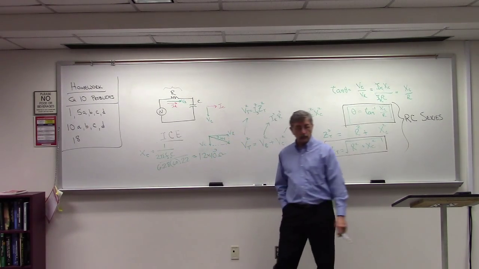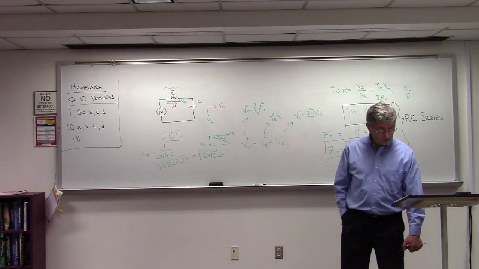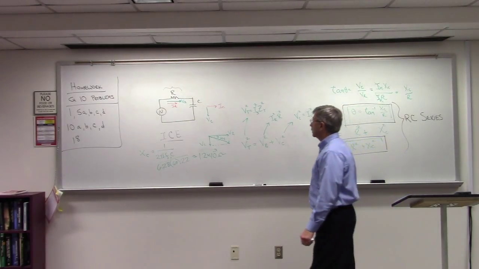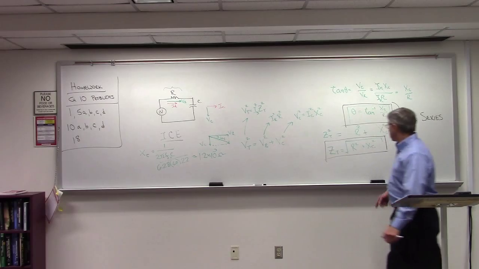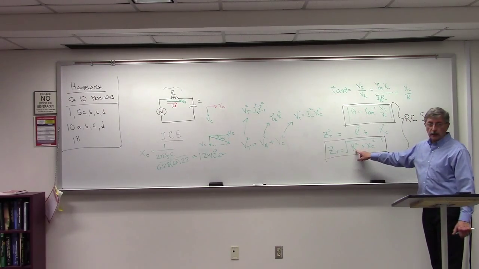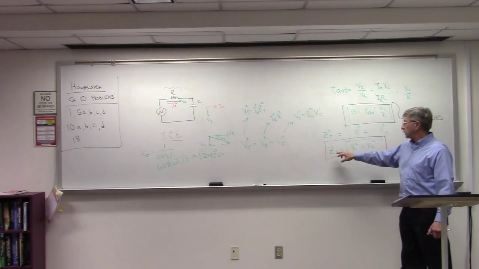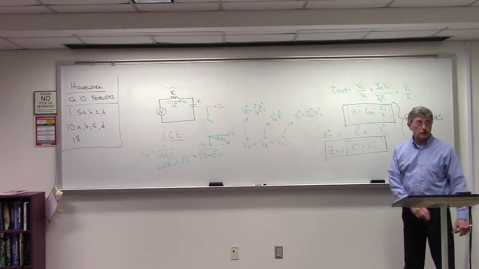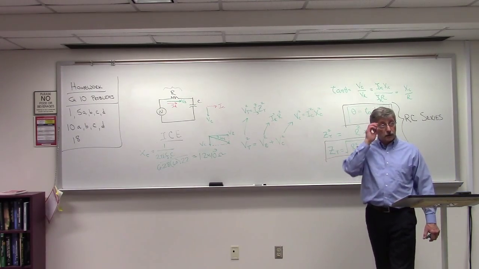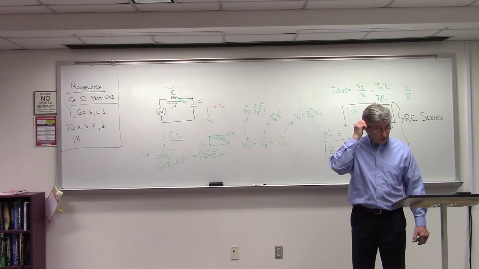So when you have milliohms like that and you're looking at a 1K resistor, the impedance is going to be whatever the resistor is. I mean, that capacitor has almost no effect.